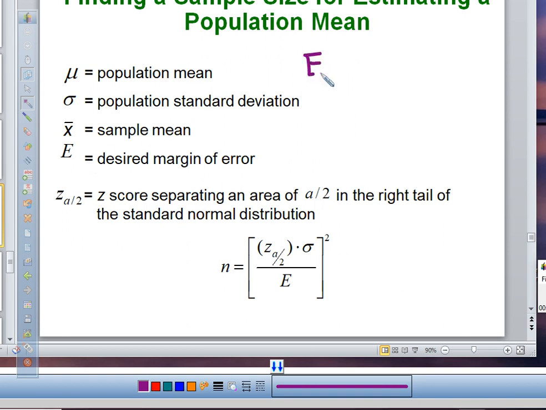So my error is equal to my critical value times s over square root of n. To solve for n, I would square both sides, getting e squared equals critical value squared times s squared over n, and then multiply both sides by n and divide both sides by e squared.